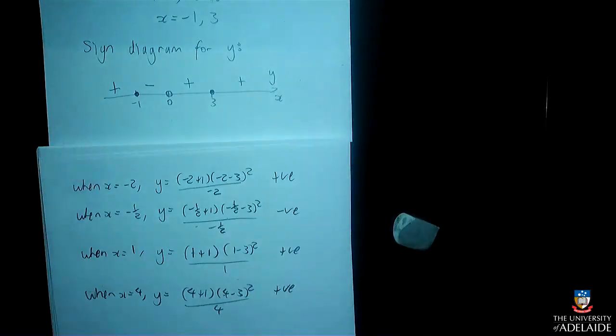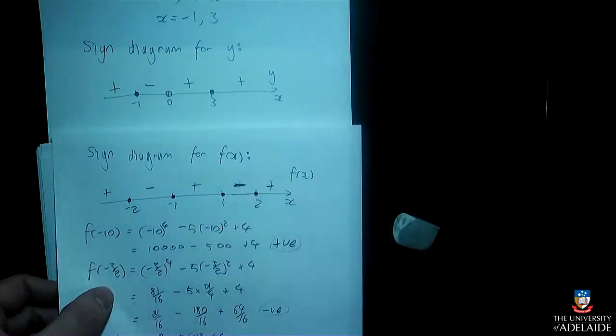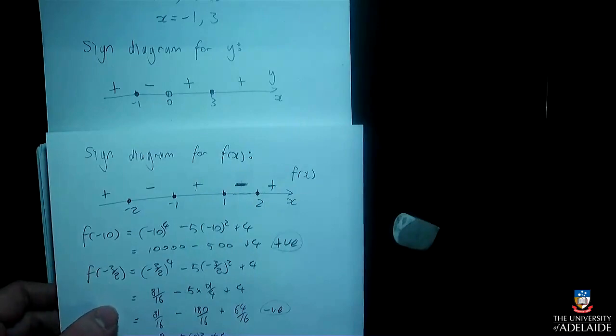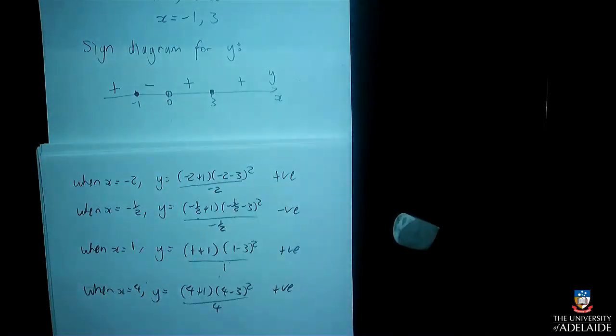Okay, so a few features of what happened here were different to what happened last time on the sign diagram. The last sign diagram I had went plus, minus, plus, minus, plus. This one went plus, minus, plus, plus. So it doesn't have to always switch between. It can stay positive. This actually happens because of this (x minus 3) squared.